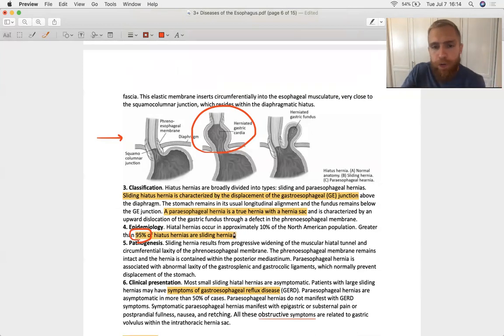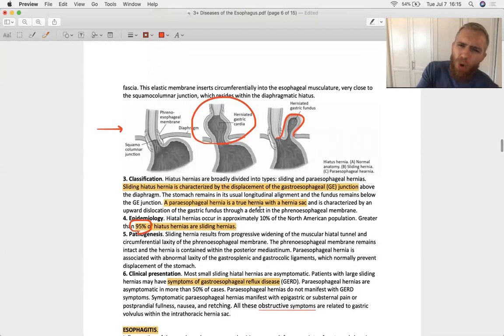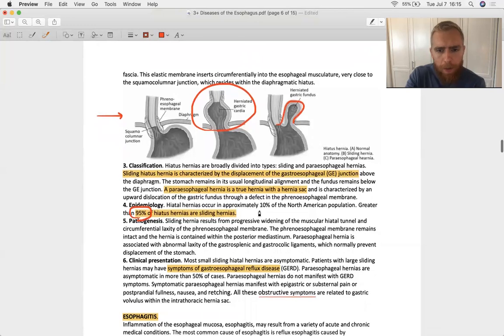Now, the other 5% is going to be this true hernia where you actually do have a separate pathologic, abnormal hole in the diaphragm, and you can get a pouch of the stomach that bulges up through that sort of hole too. And what sort of things could cause diaphragmatic trauma? Just extreme bouts of coughing, extreme bouts of sustained vomiting, straining against pressure.